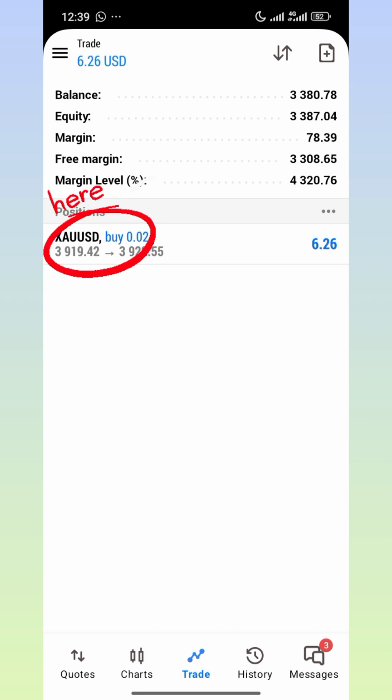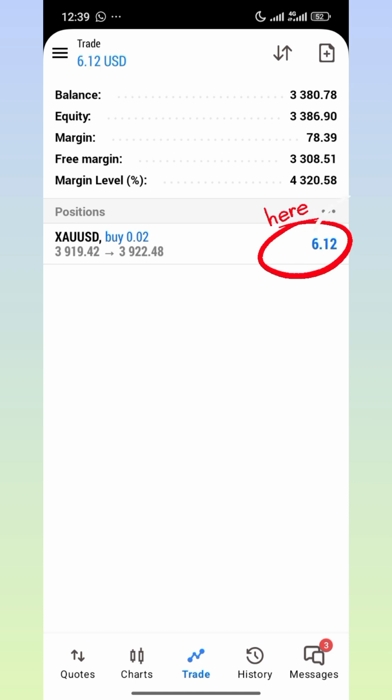I'm on a trade on gold right now and I'm on profit, but this profit is unrealized or floating profit. So it means this profit has not been closed. Until this profit is closed, that is when you know that yes, you've made profit from this trade. So at this point, it is floating.